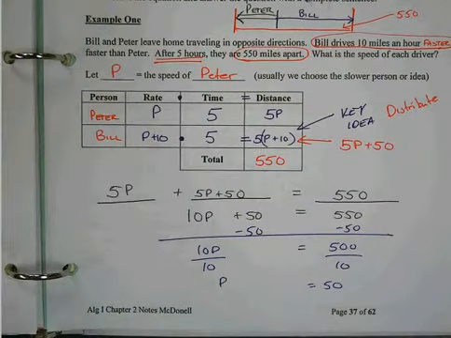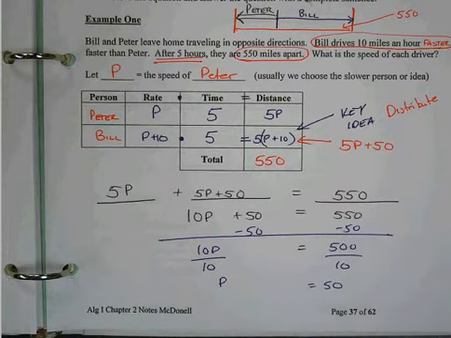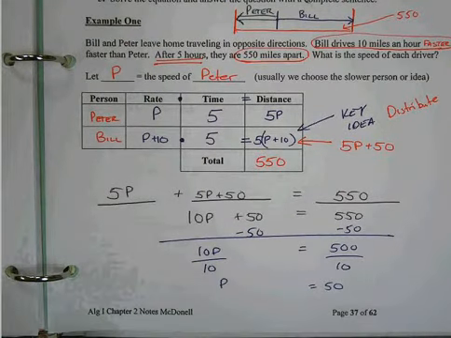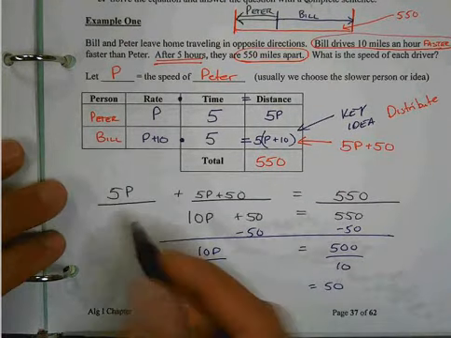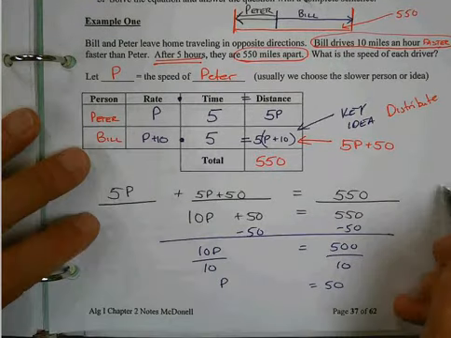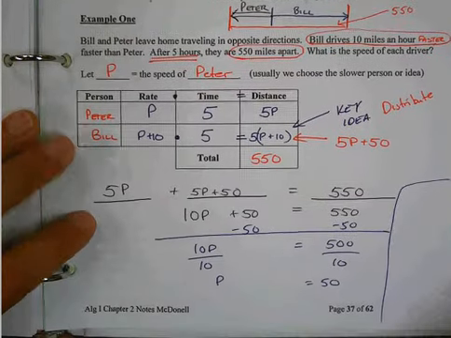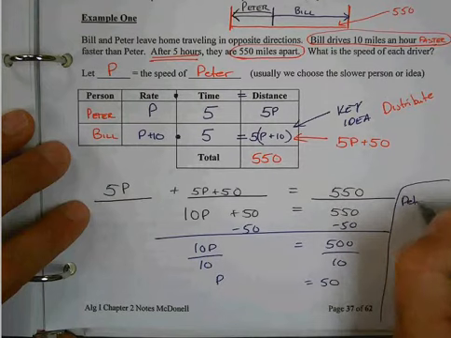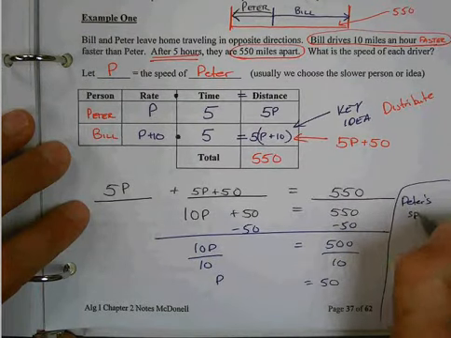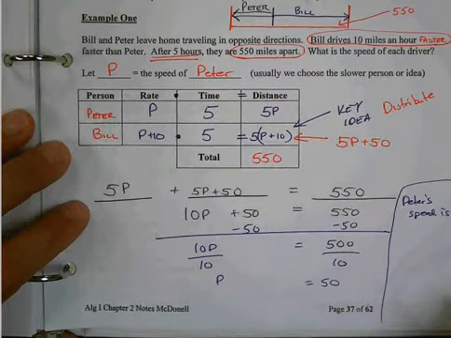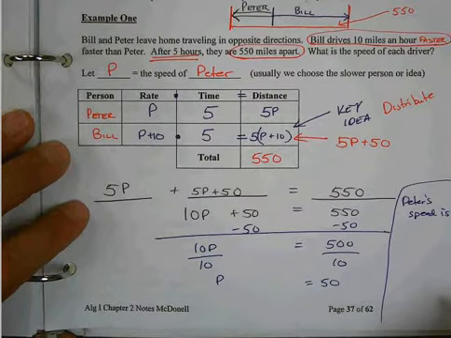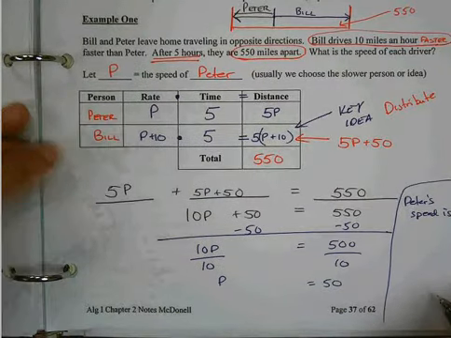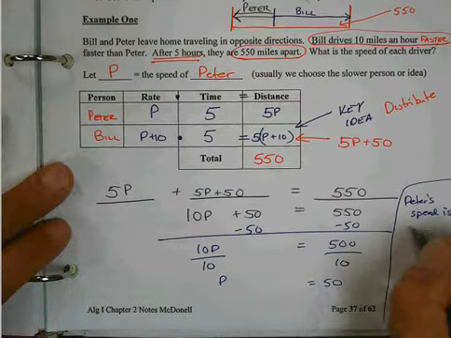Now, what's the question? Go back to the problem and see what is the question. What is the speed of each driver? So we need to say some kind of an answer here as a sentence or a phrase. How can we say that? Peter's speed is 50 what?